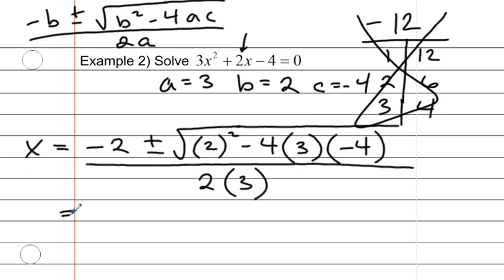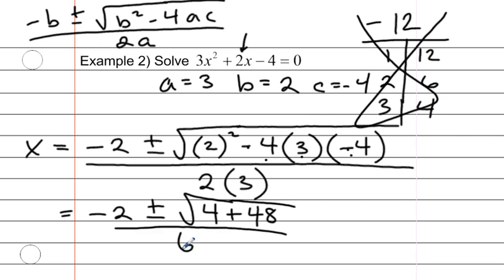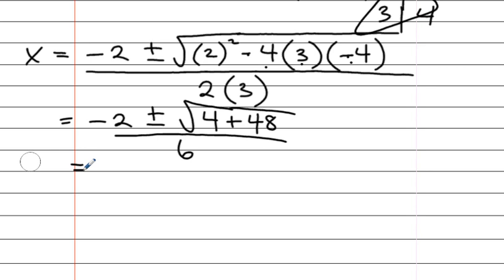Okay, continue on, and we have negative 2 plus or minus the square root of 4, and then we have minus 4 times 3 times negative 4. Again, we have a negative times a negative, so that's going to be a plus. 4 times 3 is 12, 12 times 4 is 48, all divided by 6. So then this becomes negative 2 plus or minus the square root of 52 all over 6.